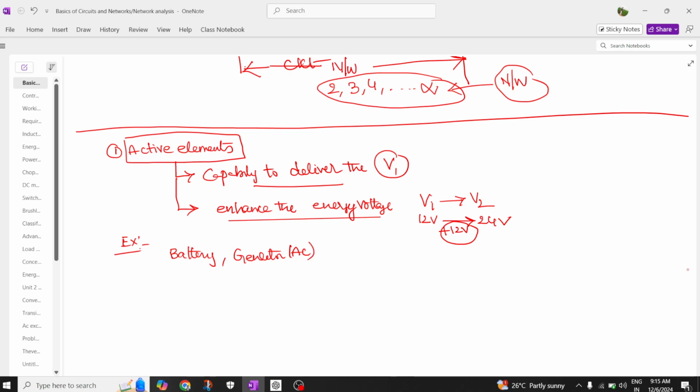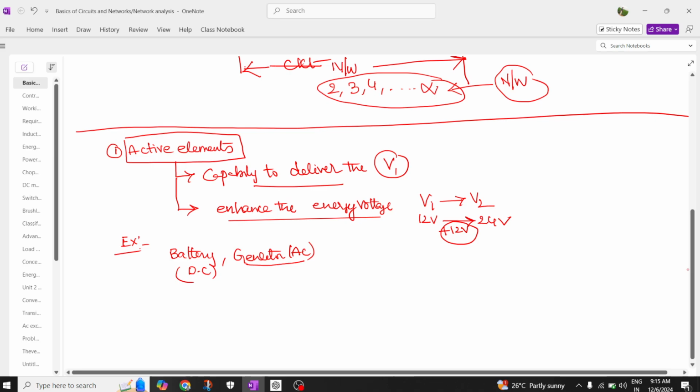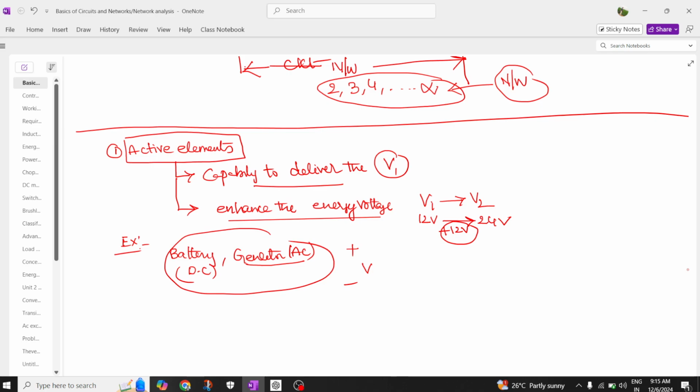In a battery you have a DC supply, in a generator you have an AC supply. These two are capable of delivering energy, delivering output as a DC voltage or an AC voltage. These kinds of sources are called active elements.